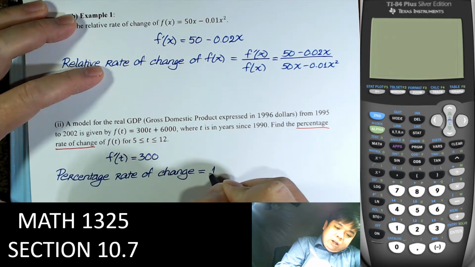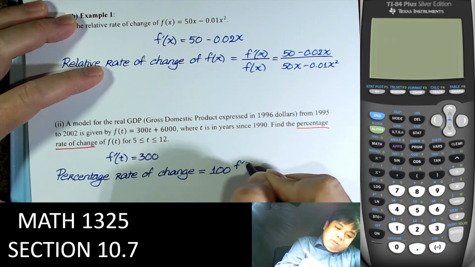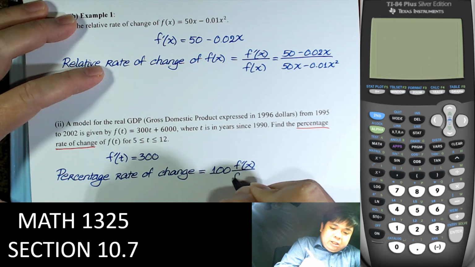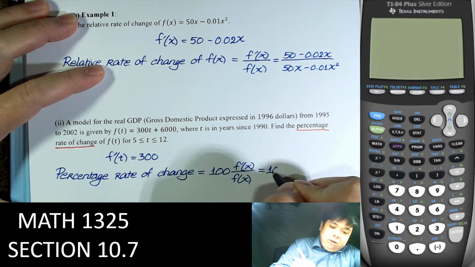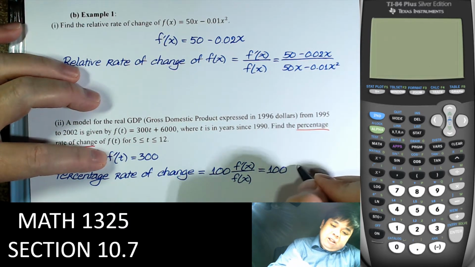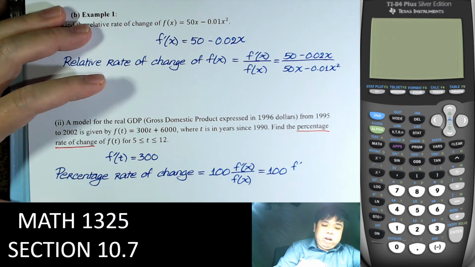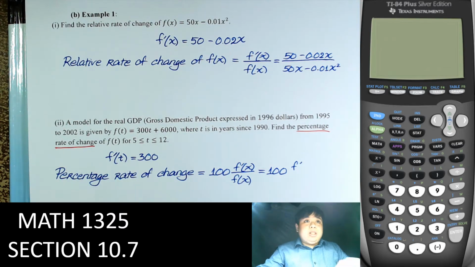is equal to 100 f prime of x over f of x. So 100 f prime, I mean in this case we have the function of t, so I just use t.